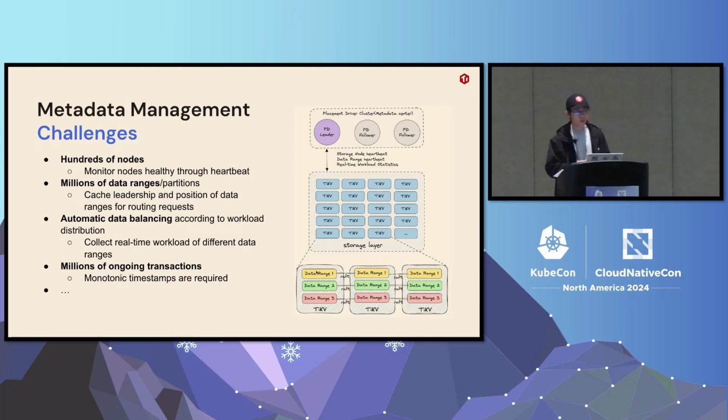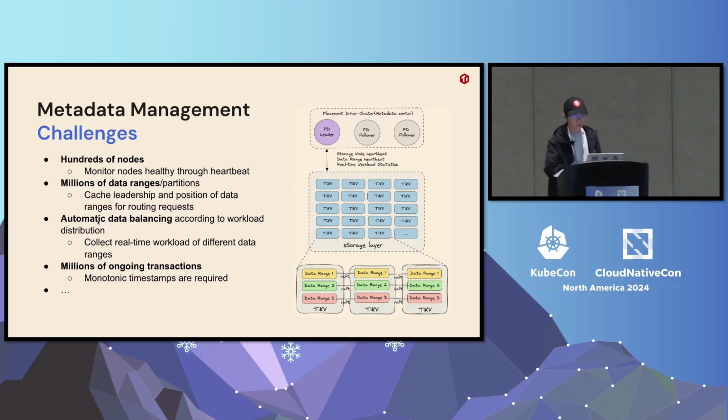Because we partition the data into hundreds of megabytes size level. We choose such a size because we want scheduling to be very fast, and if there is a high workload on one single partition, we can split it and rebalance it.